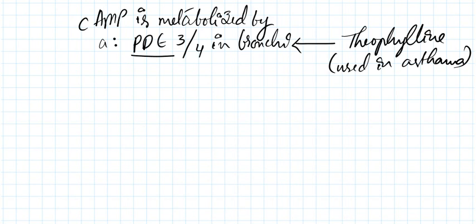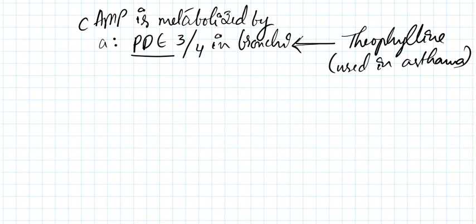If the PDE is inhibited, can the cyclic AMP be metabolized? No. So cyclic AMP will be present for a long time. Cyclic AMP causes bronchodilation, so the bronchodilation can occur for a long time. This is the concept behind the usage of theophylline, a phosphodiesterase inhibitor.